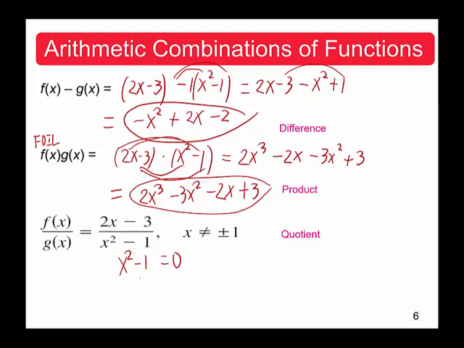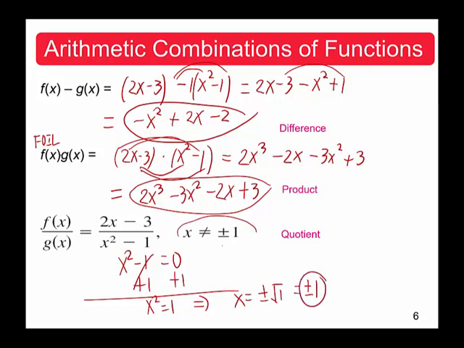Adding 1 to both sides of the equation, x squared equals 1. Then taking the radical, x equals plus or minus the radical of 1, which is plus or minus 1. That's why we exclude plus or minus 1 from the domain. So the domain for the new function, the quotient of f of x and g of x, turns out to be all real numbers except plus or minus 1.